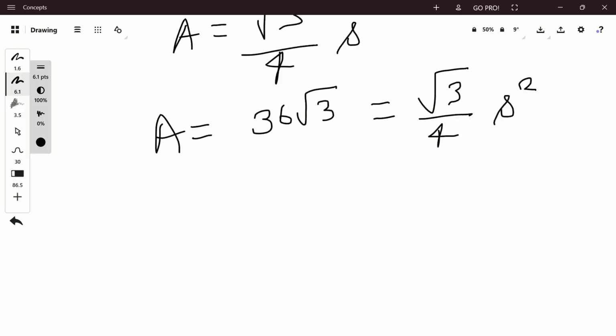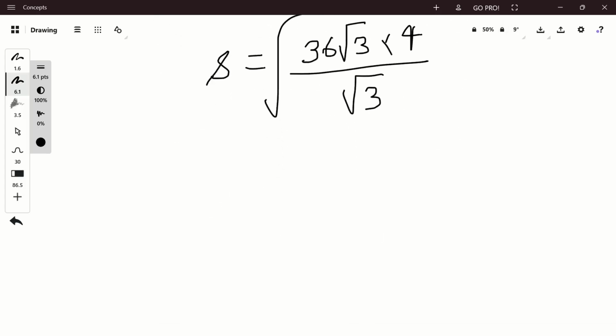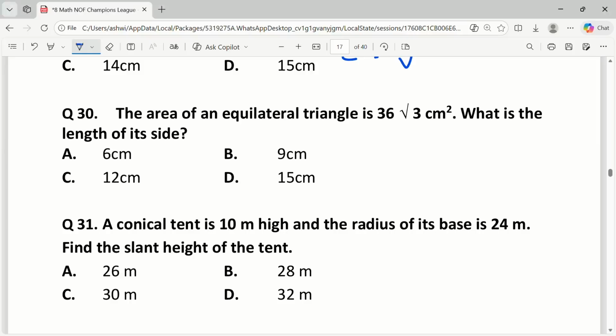Solving for S, we have S is equal to root of 36 root 3 into 4 upon root 3, so S is equal to root 144, which is equal to 12. Comparing with the options, the answer is C, 12 centimeters.